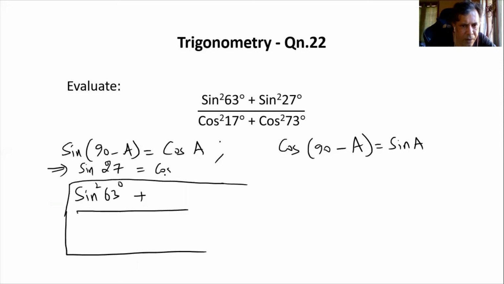This will be cos 63. So I can straight away substitute sine square 27 as cos square 63. Now, this is one part.